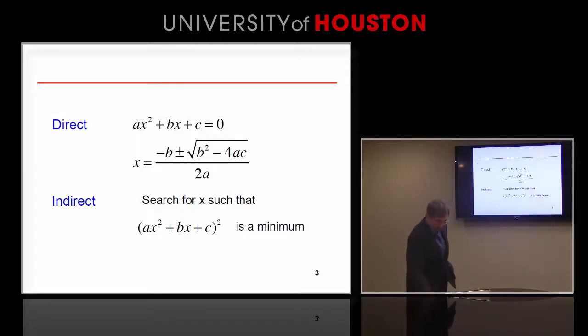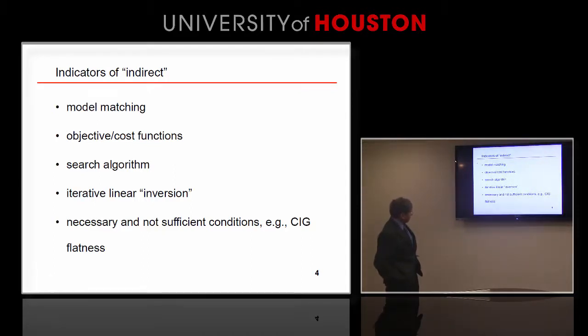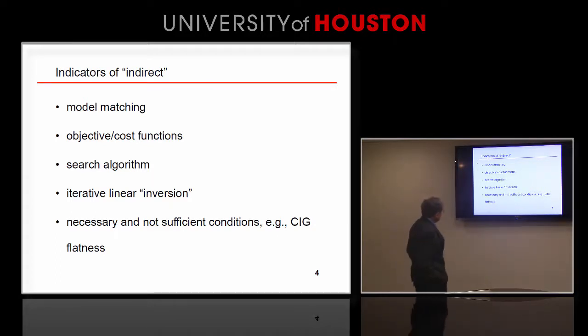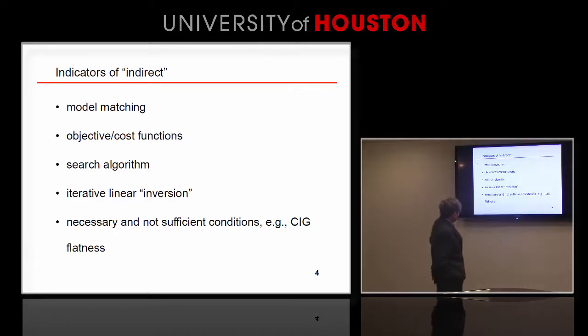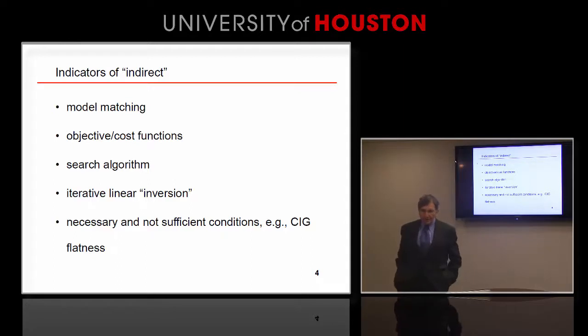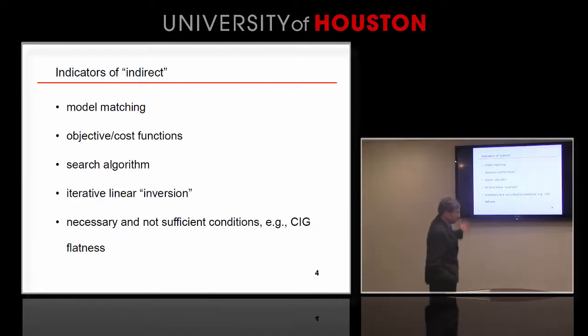Examples, indicators that you're dealing with an indirect method are model matching and objective or cost functions. If you see an objective or cost function, you're doing indirect inversion. Any form of search algorithm is indirect. Iterative linear inversion is indirect. Another characteristic of indirect methods is that usually they call upon some kind of necessary but not sufficient condition that you have a solution, like common image gather flatness.